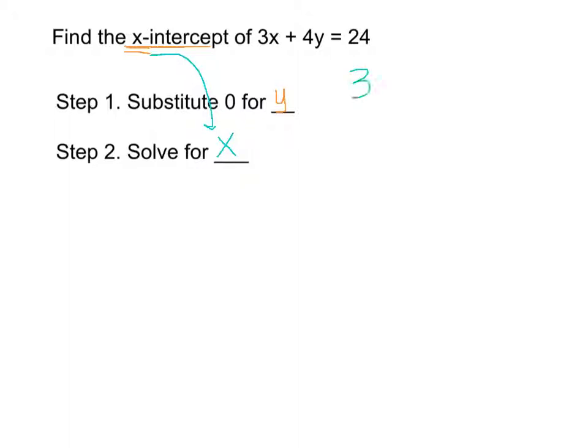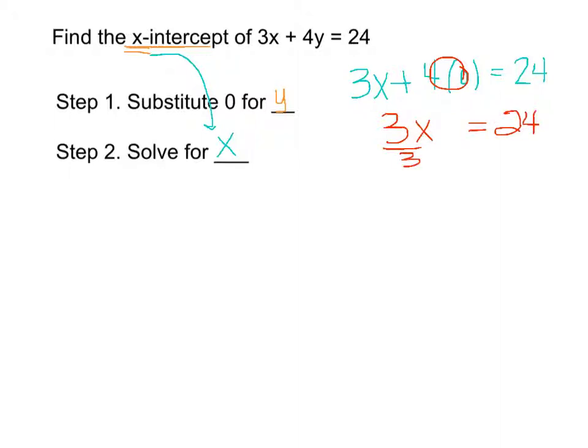So now I have 3x plus 4 times 0 equals 24. We know that 4 times 0 is just 0. So I have 3x is equal to 24. And then I'm going to divide by 3 to get x equals 8.